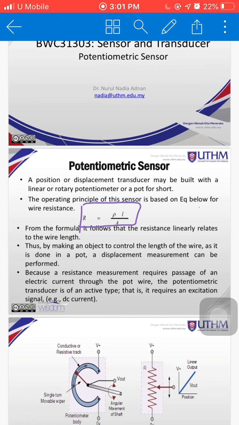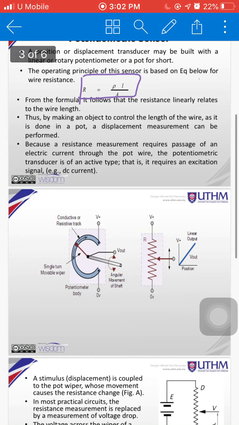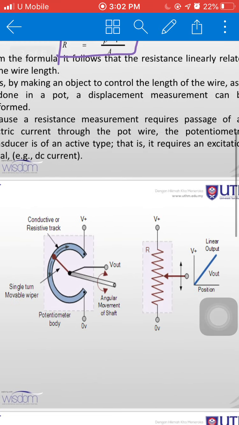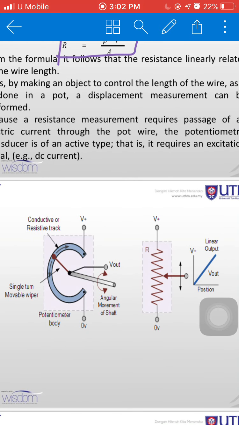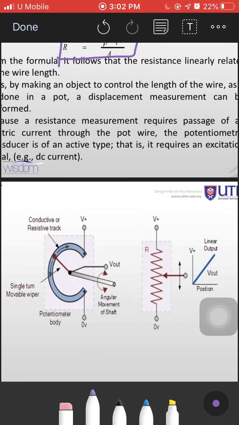Potentiometers come in a wide range of designs and sizes, such as the commonly available round rotational type or the longer, flat linear slider type. If you look at this figure, there are the two types I previously mentioned: this one is rotational and this one is linear.